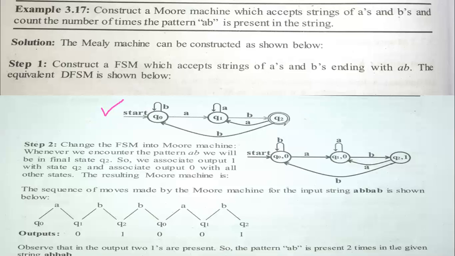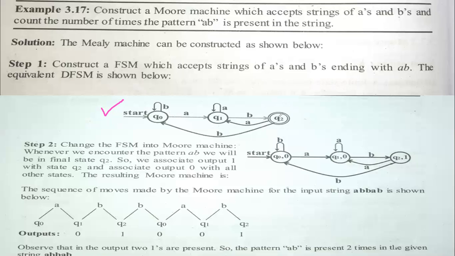Then in the case of the Moore machine, we need to remove the final state double circle and name it as a normal Q2. Here, if you are representing A, it should be called 0. Here, with B, it should also be 0. But in the case of the final state, it should be called 1.